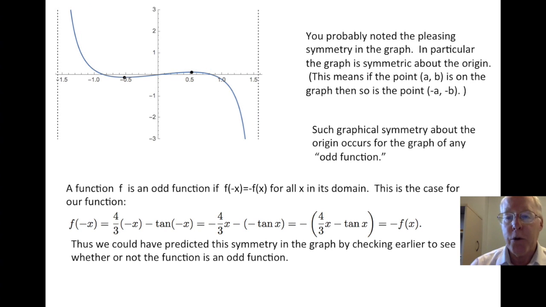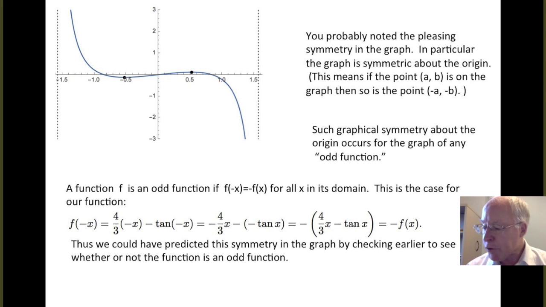Graphical symmetry about the origin occurs when you have an odd function. You may remember from algebra that a function is an odd function if when you plug minus x in for f and do some algebra, you simplify to minus the original f of x. And this has to be true for all x in the domain. This is the case for this function, so let's go ahead and put minus x in for x. And so we have 4/3 times minus x minus tangent of minus x.